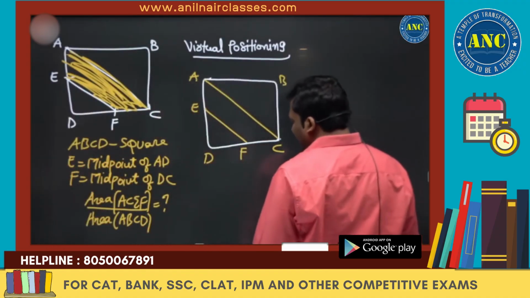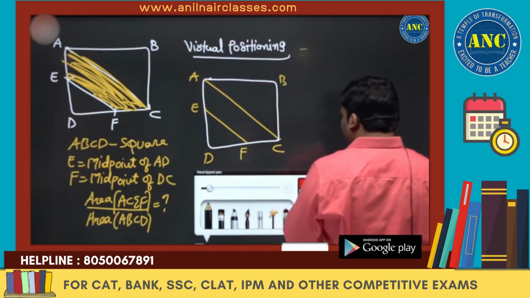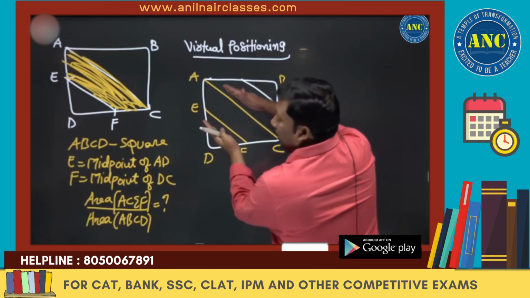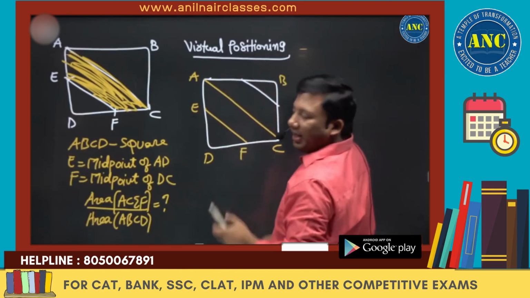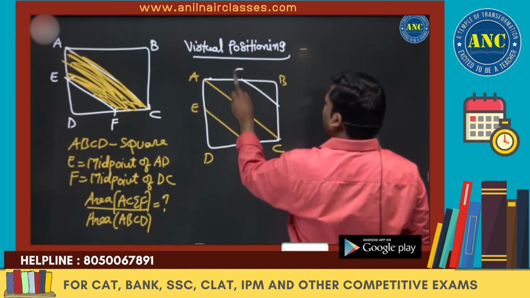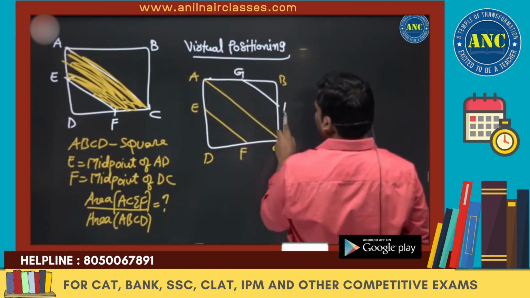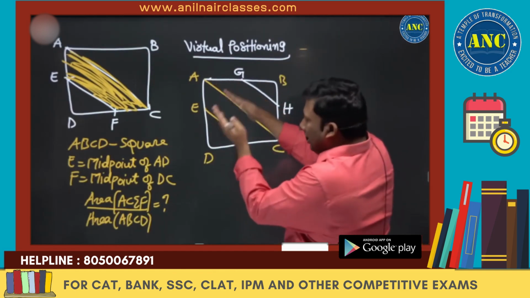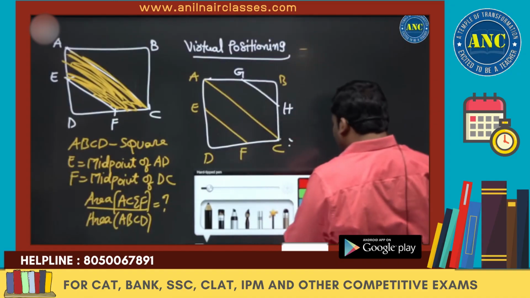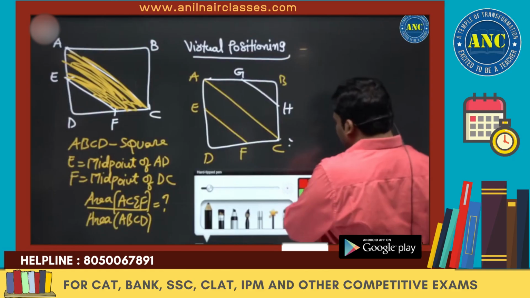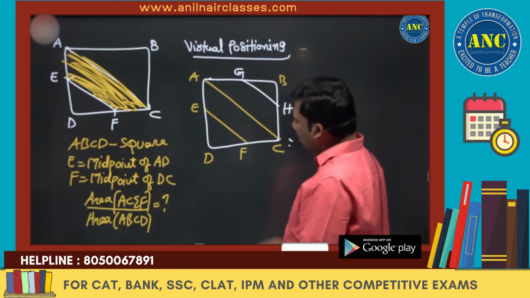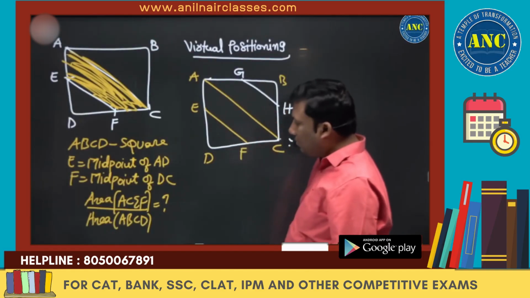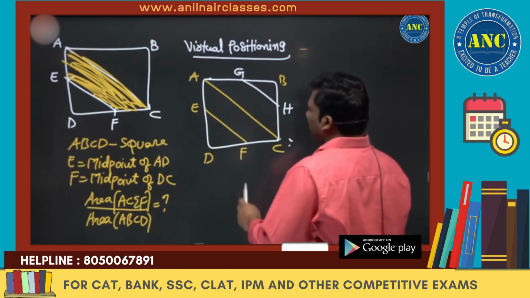You fold this figure along the diagonal. If I fold it along EC, here it is AF. Take a paper, fold it along the diagonal. So if E is the midpoint, G also will be the midpoint, H also will be the midpoint. If I fold it along the diagonal, I will get another line GH, where G will become the midpoint of AB, H will become the midpoint of BC.